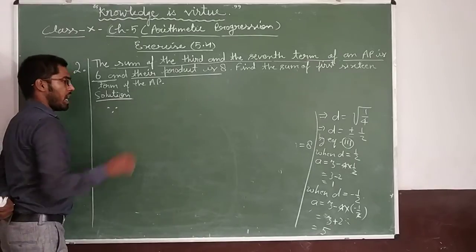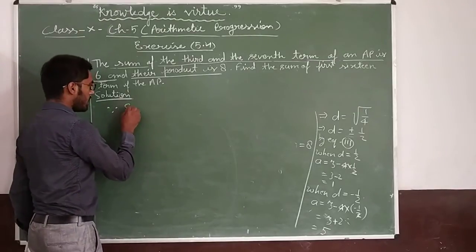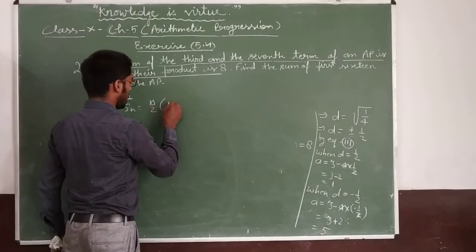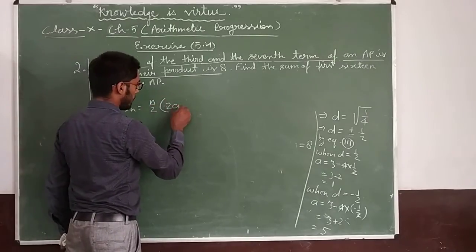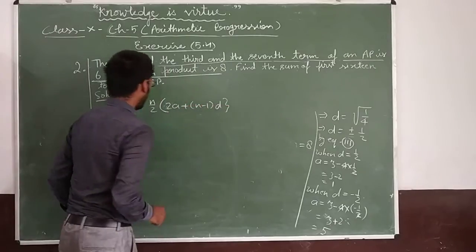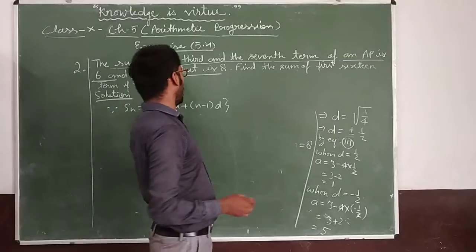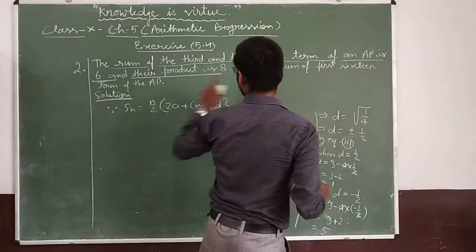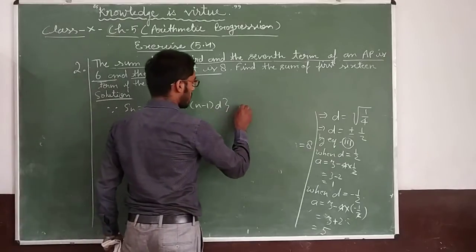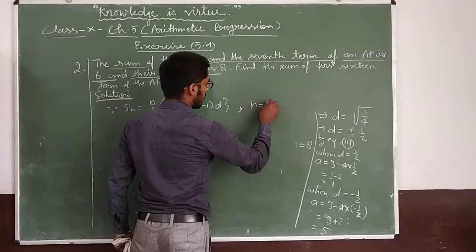Now we are going to find the sum. Sn is equal to n upon 2 times 2a plus n minus 1 into common difference D. Here you will use n is equal to 16.